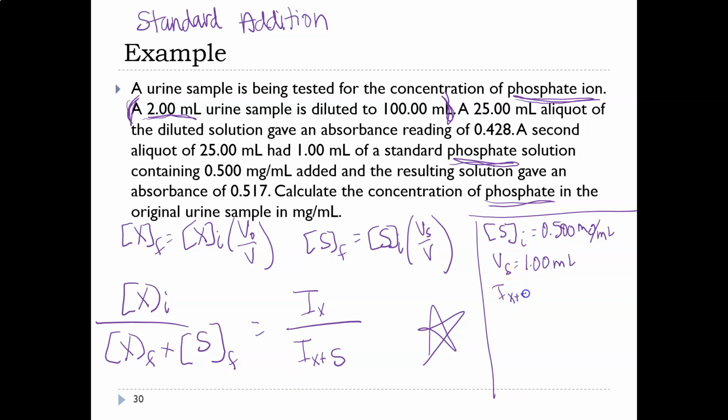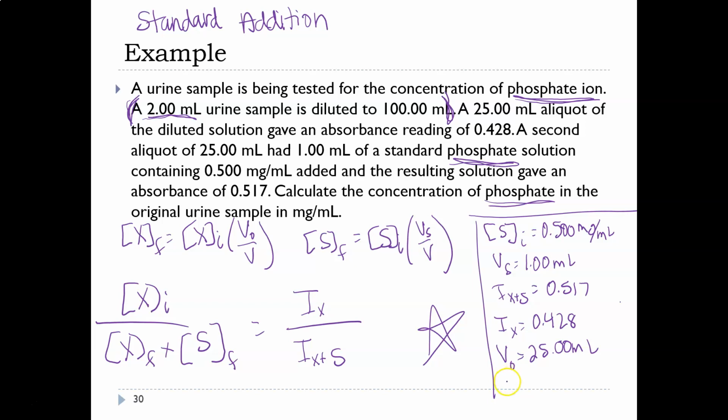X plus S, when I tested the mixture of both of them, we got 0.517. When we tested just the one, we got 0.428. And then the volume of the sample was 25.00 milliliters, a 25 milliliter aliquot of the diluted solution. We also used 25 milliliters of that.